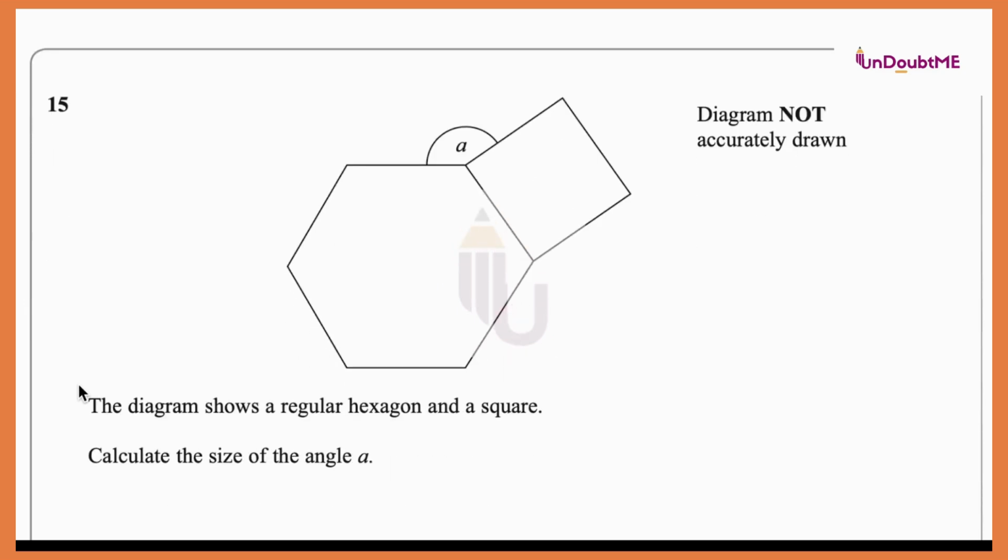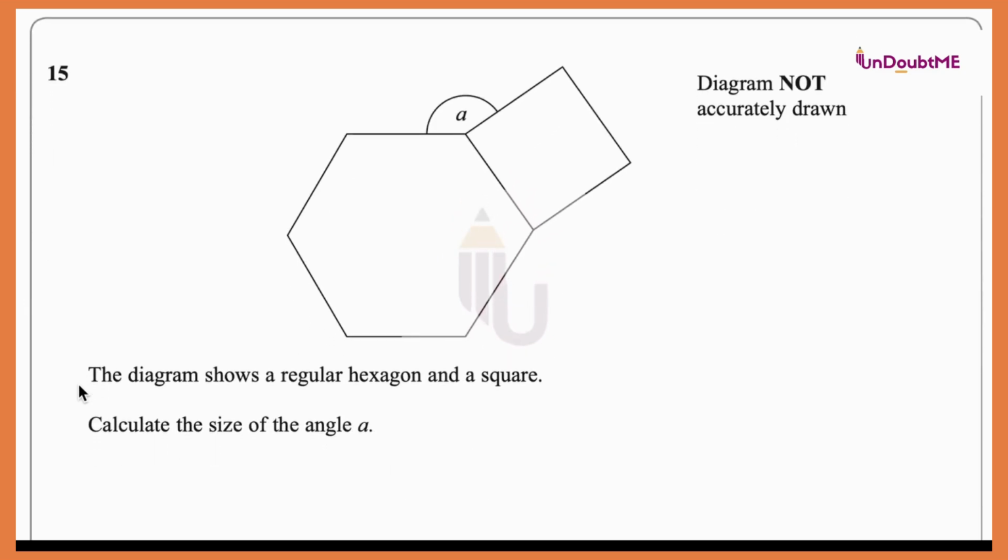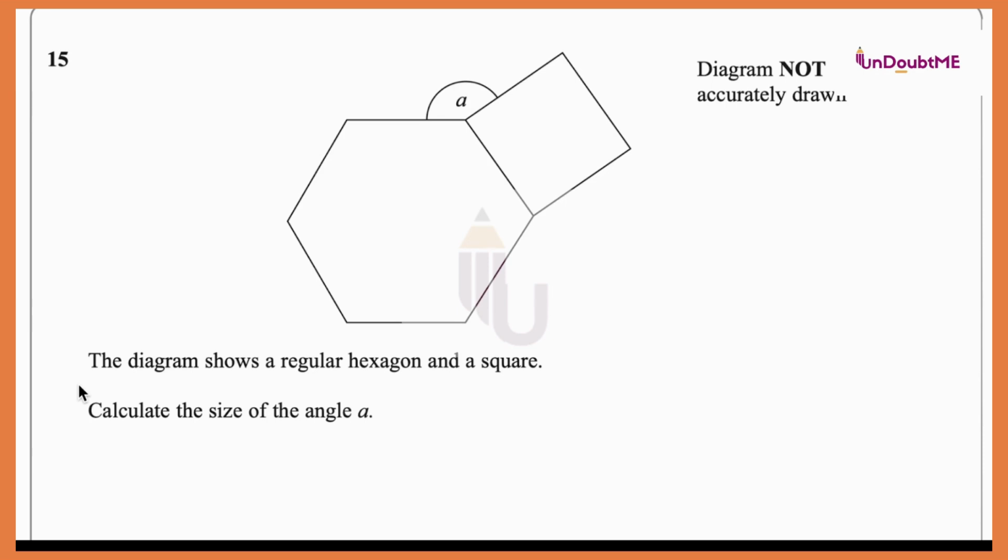Next question. The diagram shows a regular hexagon and a square. Calculate the size of angle A. Now you should know that for any n-sided polygon, n minus 2 times 180 is the sum of all internal angles. It's a hexagon, so I will put 6 minus 2 times 180 divided by 6 because I need to find this angle. That gives 120.